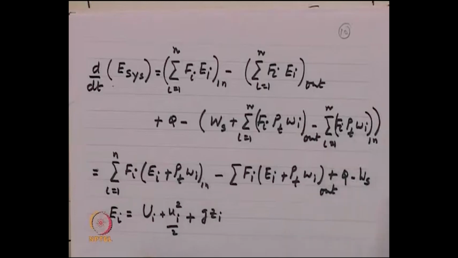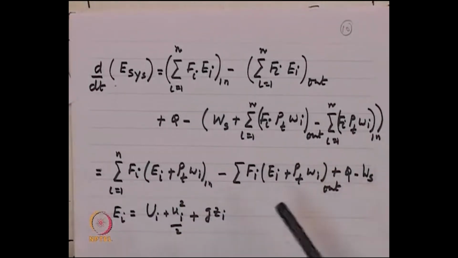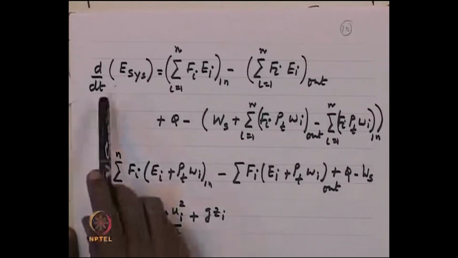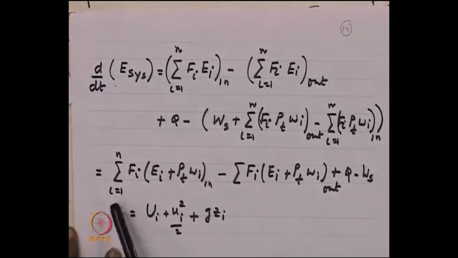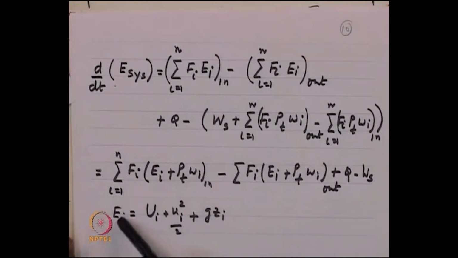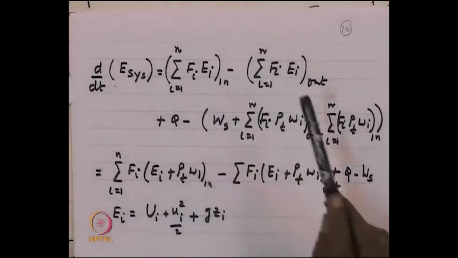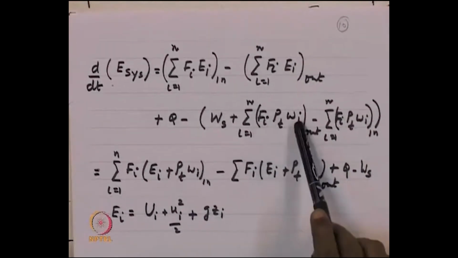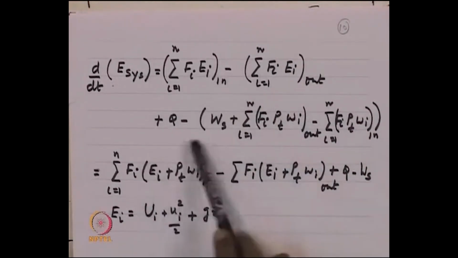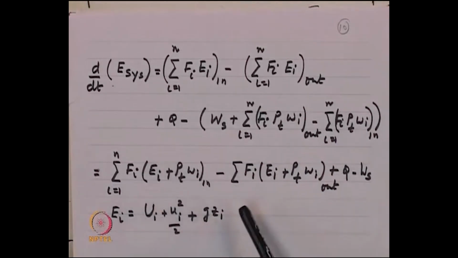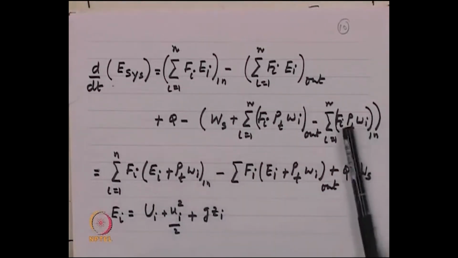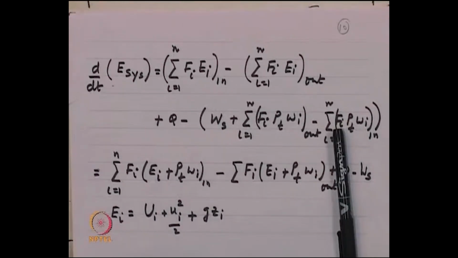So, with this kind of formulation, now we can take this F I P t omega I along with the input terms and output terms and combine those, and it might look far easier to understand now. So, d by dt of energy of the system is now sigma I equal to 1 to n, F I, the molar flow, times E I plus P t omega I. You notice here F I E I and F I P t omega I can be combined, so that this term now looks like E I, which is the internal energy of the system, and P t omega I, which is an external phenomenon because of pressure and so on.